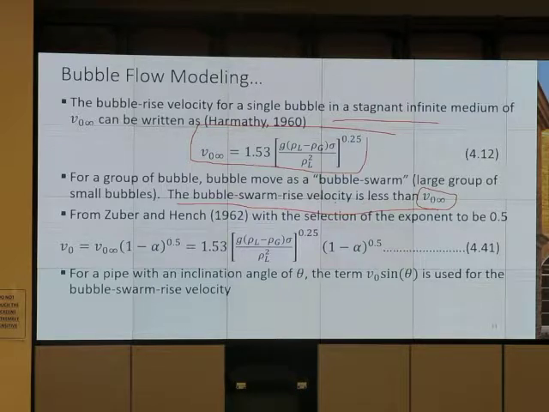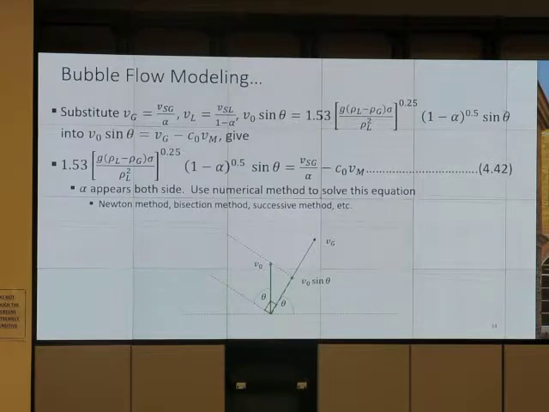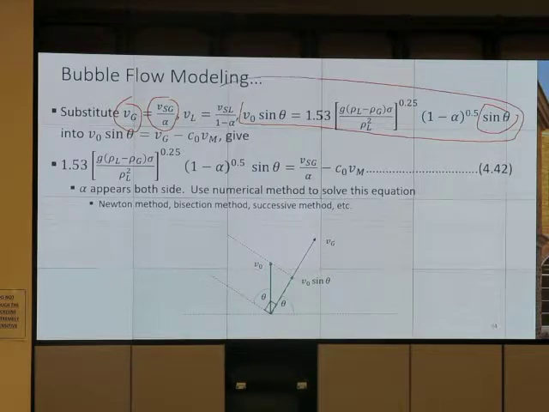Zuber and Findlay select the exponent to be that. So this is just V0 instead of V0 infinity. If you need the angle, they put the angle in there, sine theta. So basically this equation is Vg equals Vsg over alpha, and V0 sine theta is that thing.